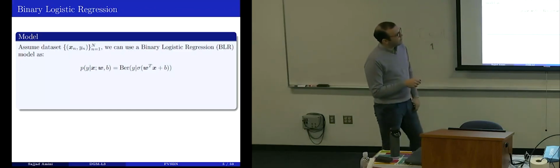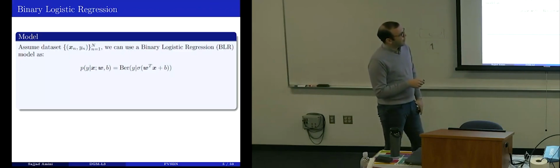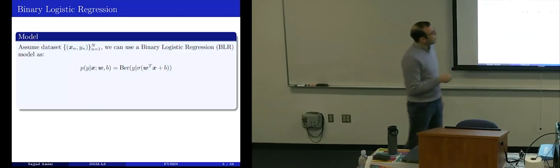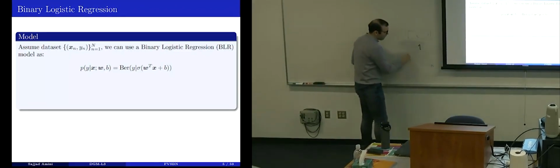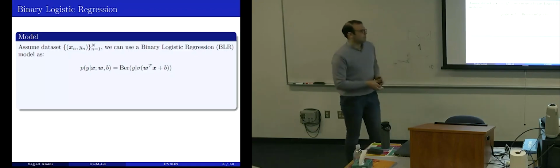And I use an affine transformation over the input, with a bias, and a sigmoid nonlinearity to generate the Bernoulli distribution parameter. The input to the sigmoid can be any number between minus infinity and plus infinity, and as a result of the sigmoid, I have a number between 0 and 1, which is suitable as the parameter for the Bernoulli distribution.